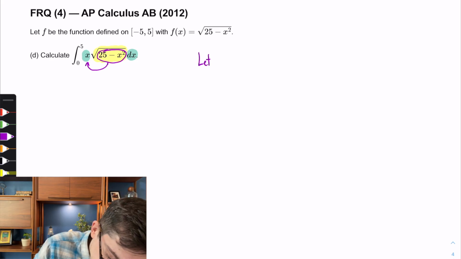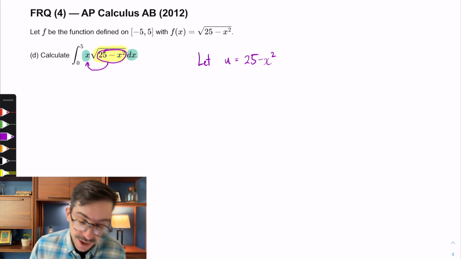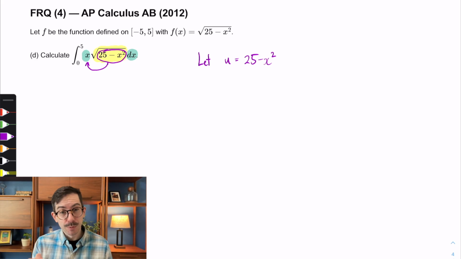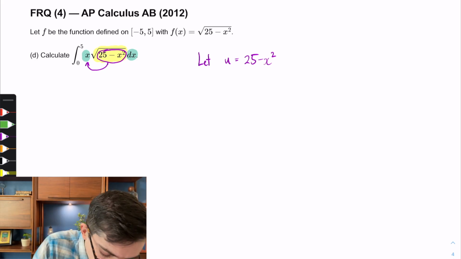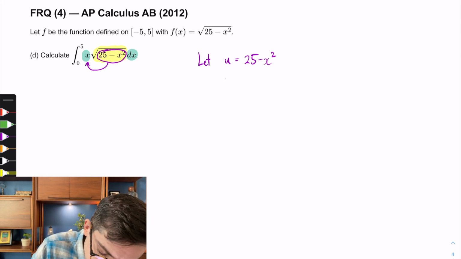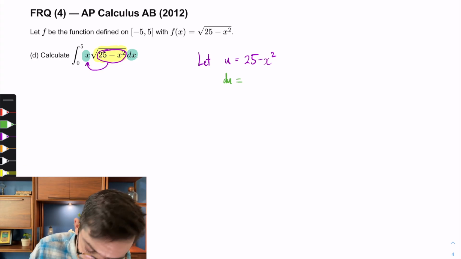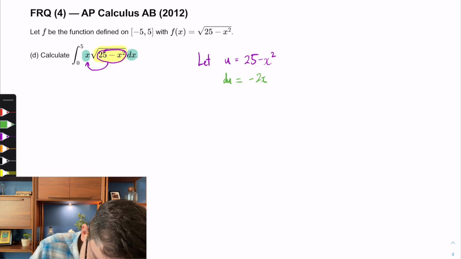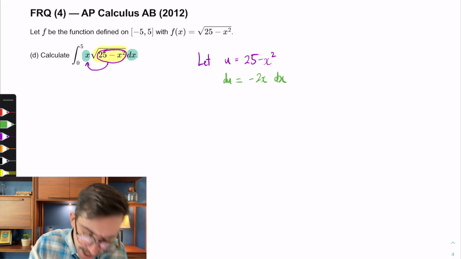So first of all, let's take u to be 25 minus x squared. That's what's clued me into maybe being able to use substitution here. Well, that's really helpful because when I take the derivative of both sides, symbolically, I'll get du is -2x dx.